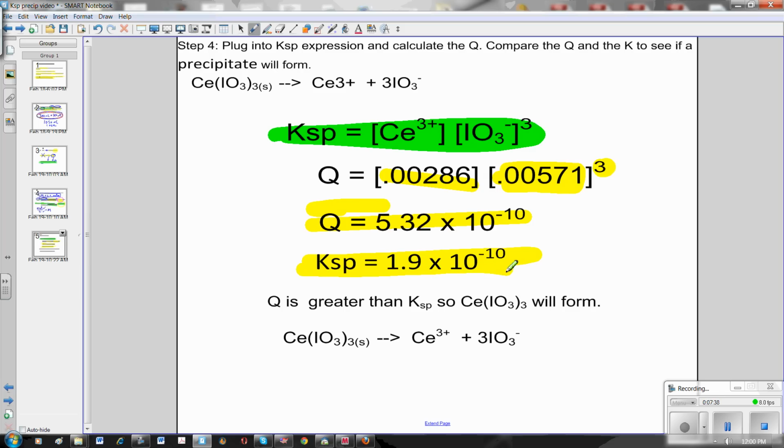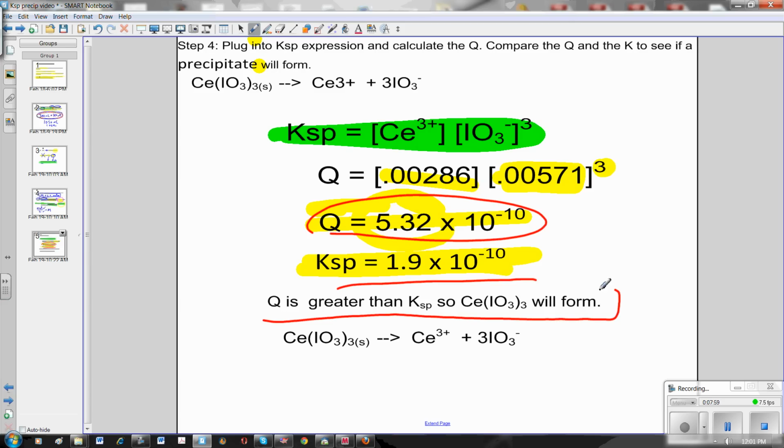It's the same kind of process that we did in chapter 14. You're comparing Q to K. In this case, my Q is larger than K. We would write Q is greater than K.